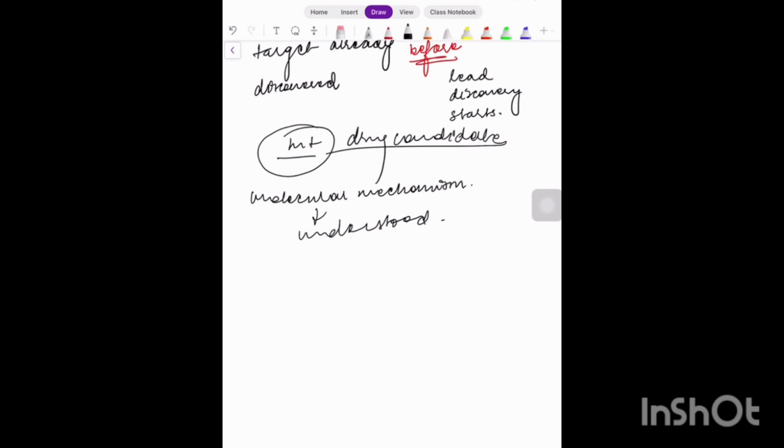They are less expensive to develop and it is a faster process. So these are a few of the advantages of drug target-based discovery over phenotypic-based target identification.